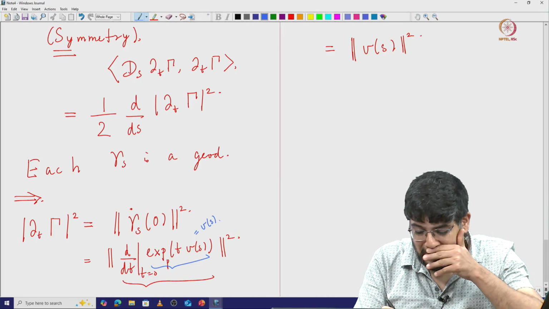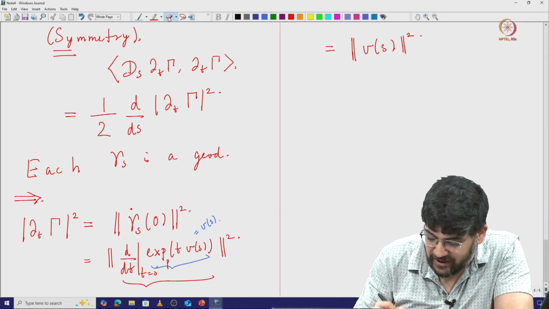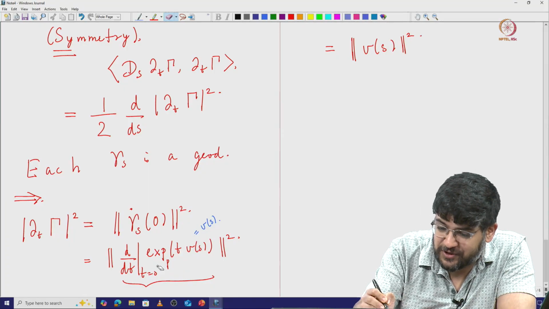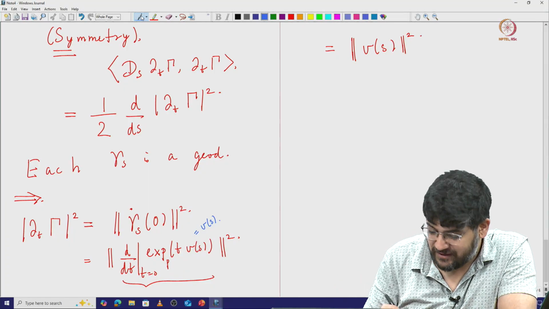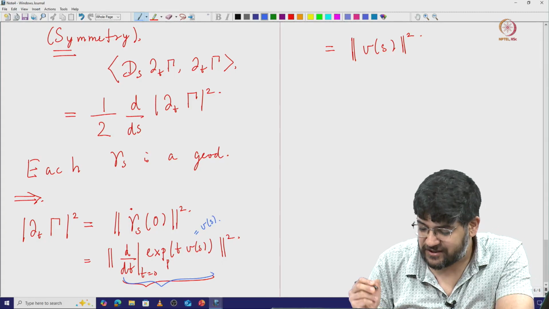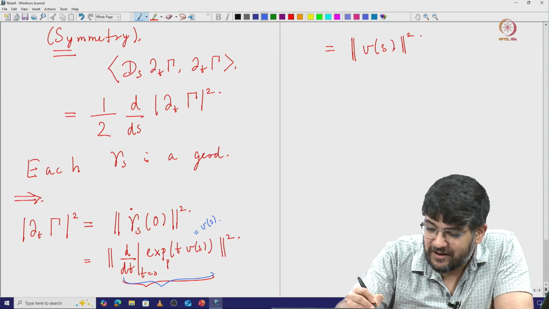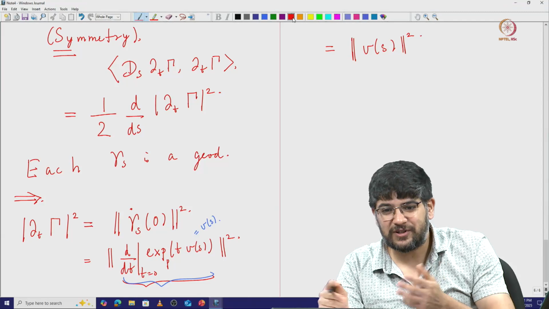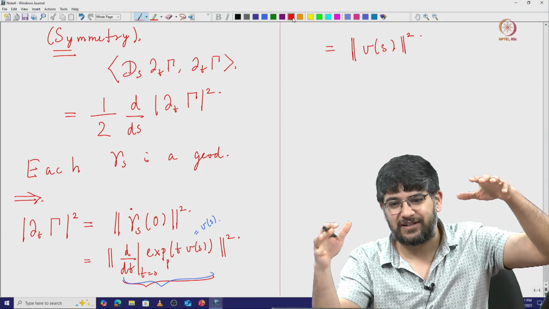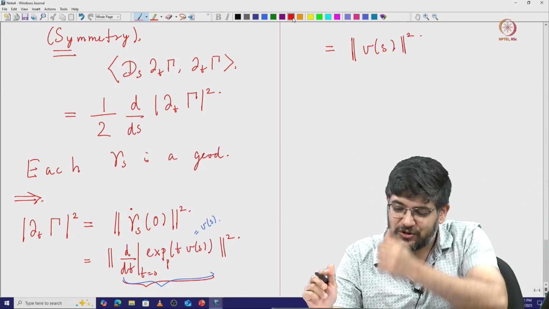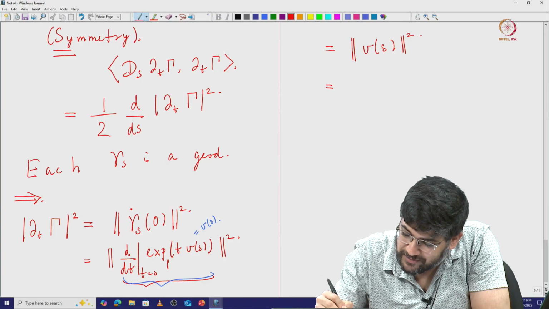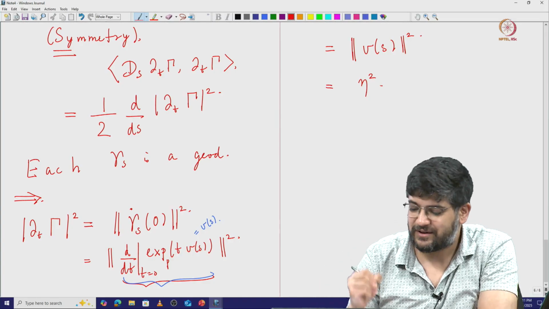Sorry, not this; this derivative is precisely just V of s. But now V of s was a curve in this sphere in the tangent space, so this is always eta squared.